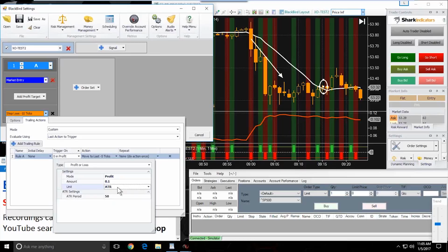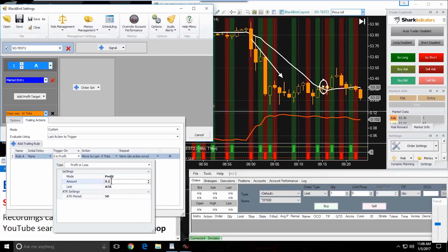Looking at our chart here, I can see for oil, the ATR is ranging somewhere around the 0.1 area. We got from 0.06 up to like 0.12.